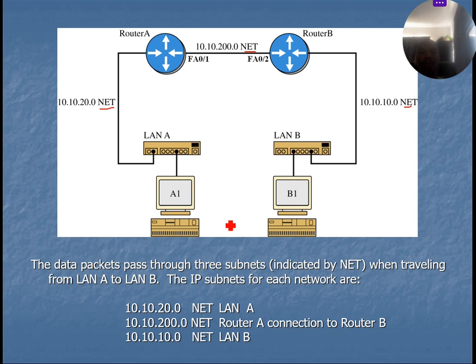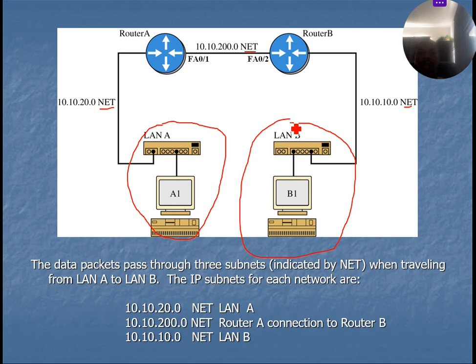When traveling from local area network A to local area network B, it has 3 nets or subnet IPs. The first one is 10.10.20.0, which is this one.